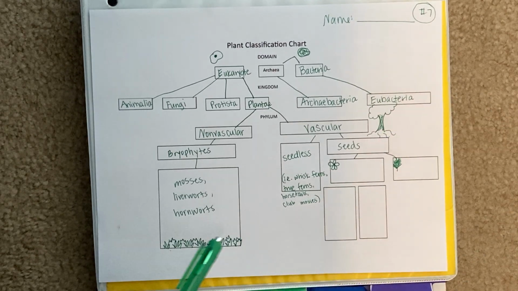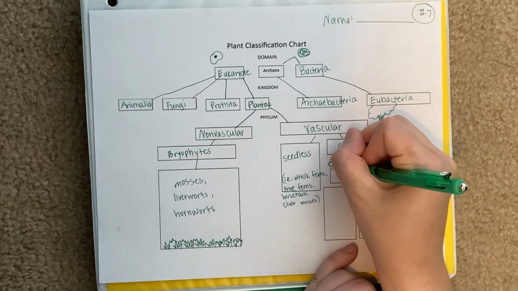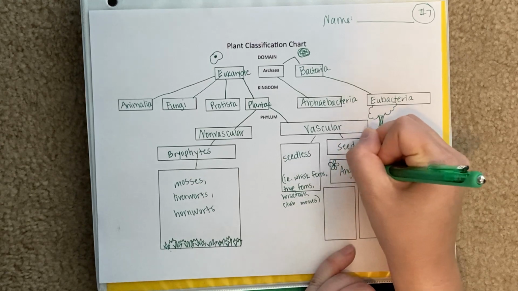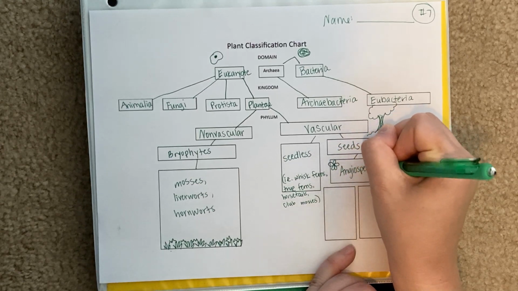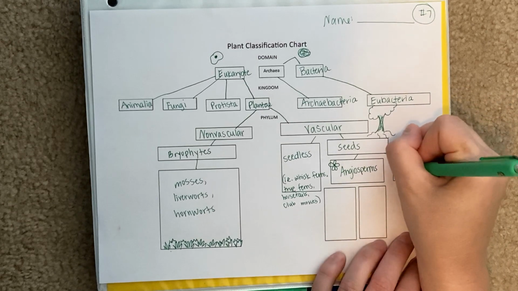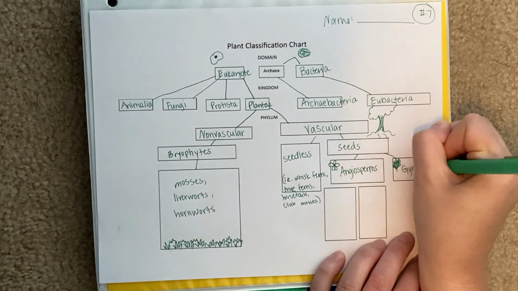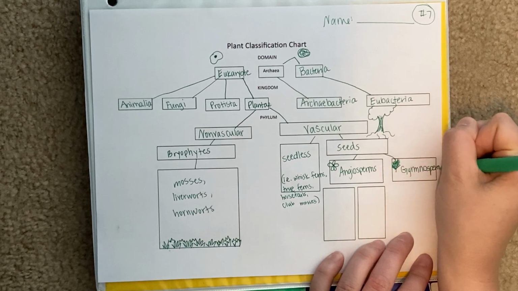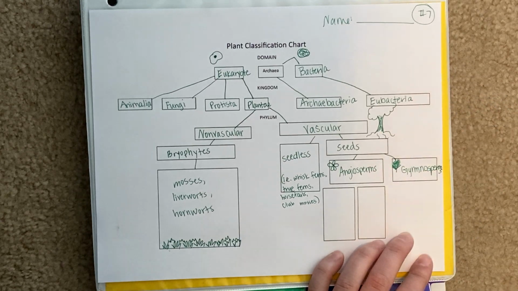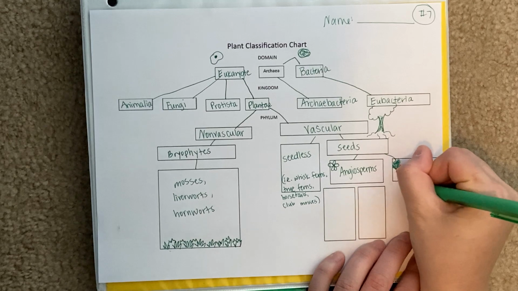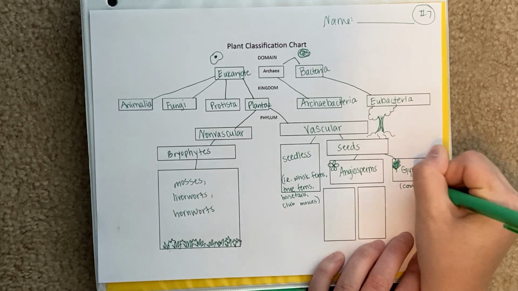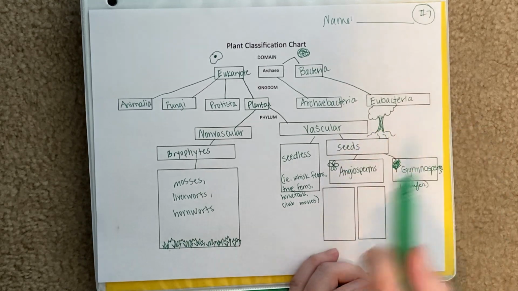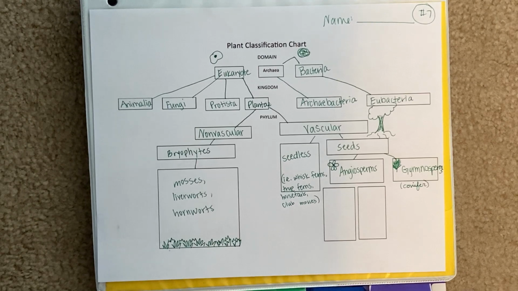Okay, so if you remember from yesterday, those two names were angiosperms, or the flower kind, and gymnosperms. So the examples here would be something like conifer. Over here we would have oak tree, rose, sunflower, those kinds of things.